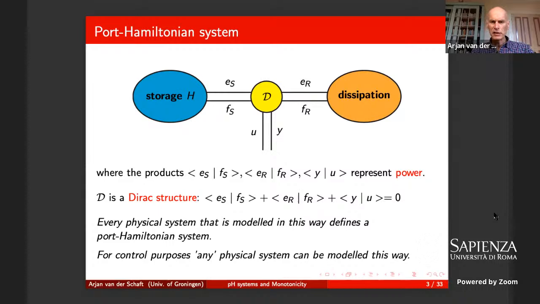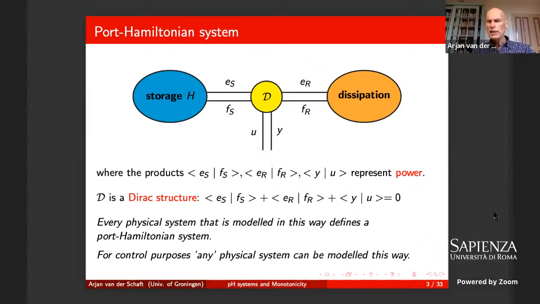So there are the pure energy storing elements, corresponding to this blue balloon, and there is a corresponding Hamiltonian or total energy. And then in this brownish orange balloon, there are the dissipating elements, like dampers or resistors in the electrical domain. They can be linear, nonlinear, continuous, or discontinuous.